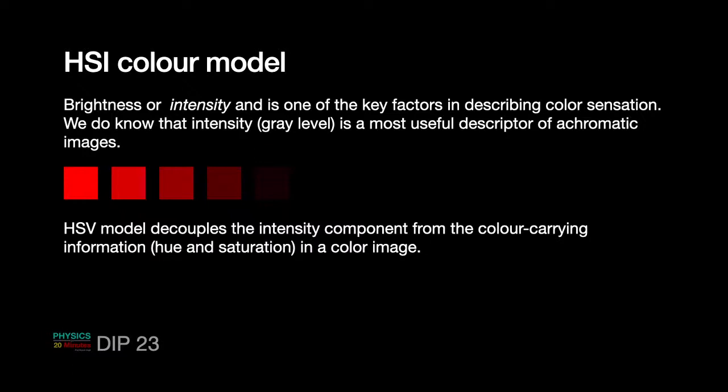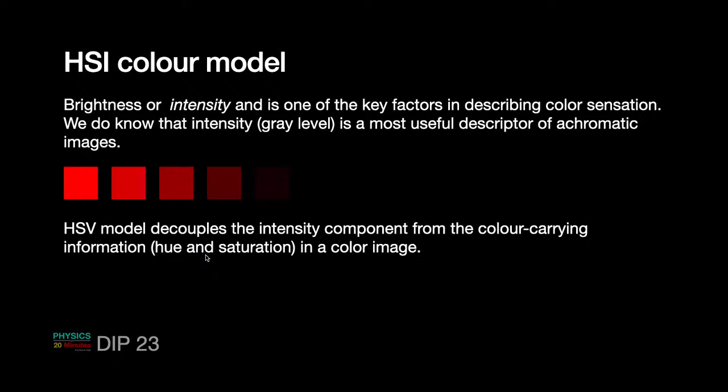Also, it becomes very important because it decouples the intensity component from color carrying information. Remember, when you say RGB, each R value on the axis has intensity data also. If you go towards the origin, it gets darker. If you go away from the origin, it becomes brighter.